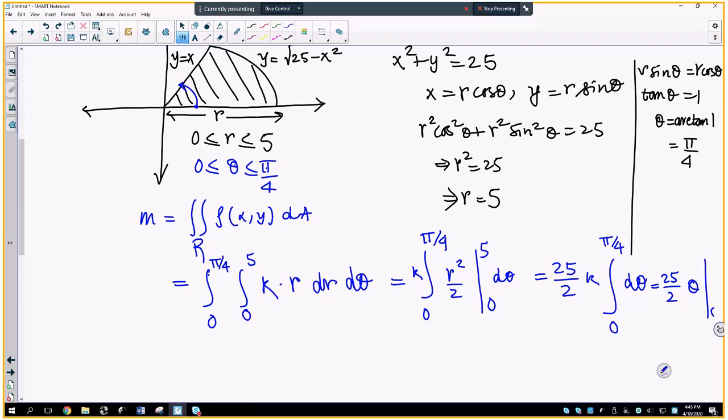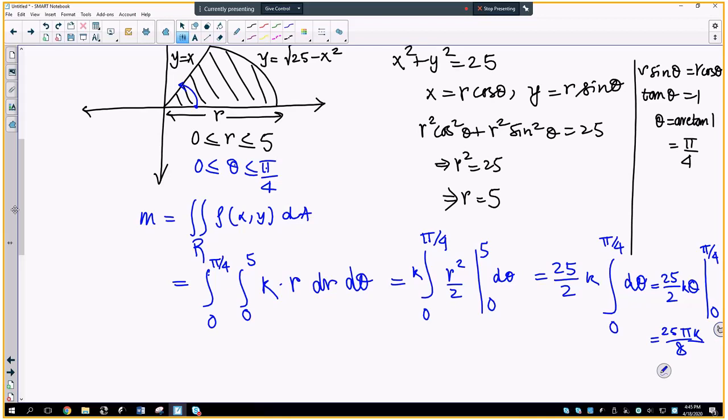You put in limits 0 to pi over 4. Theta equal to 0 will not give you anything. Theta equal to pi over 4 is going to give you 25 pi over 8, and somehow I forgot the k. I should have had the k here. So this is 25 pi k over 8, and that's the mass of this lamina.